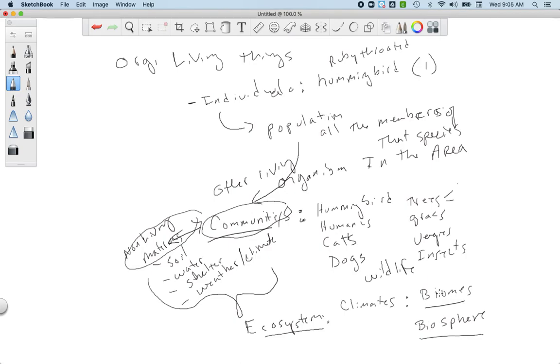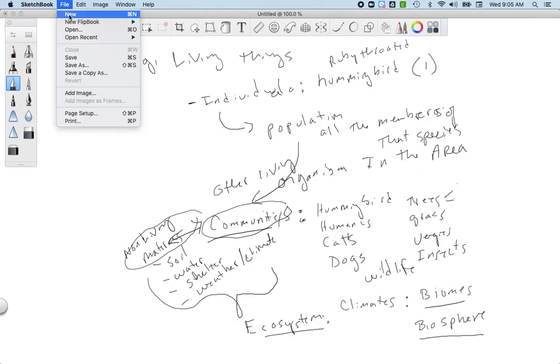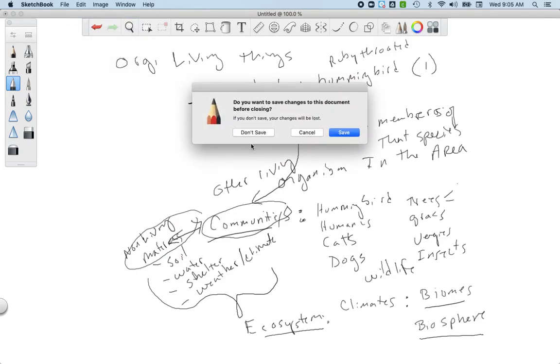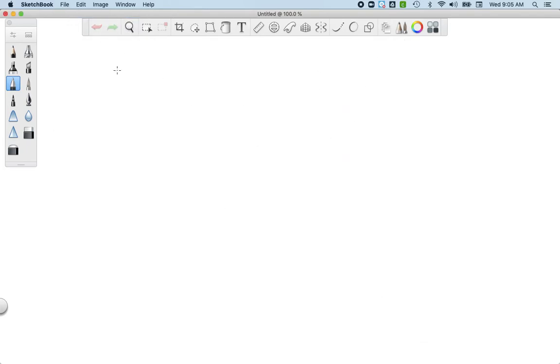What I want to do now is look at an important part of something we find in an individual ecosystem, and mostly about a population.